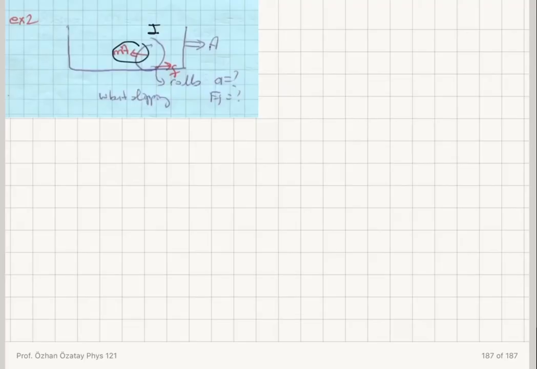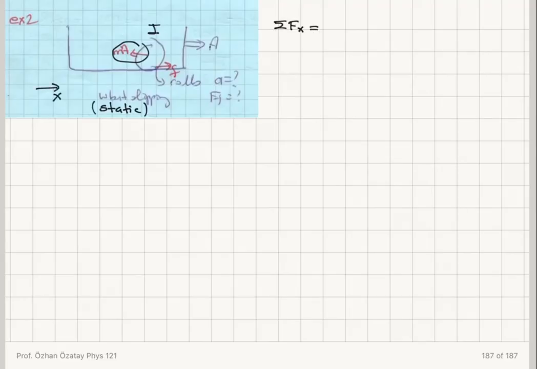Now, because I'm in an accelerated reference frame, a non-inertial reference frame, there's going to be the ghost force ma that's pointing to the left, and I'm going to assume that the force of friction will be to the right. But this is static friction, right? So I'm not exactly sure. I know it's parallel to the surface, but I don't know if it's pointing to the right or to the left. I will assume that it is pointing to the right.